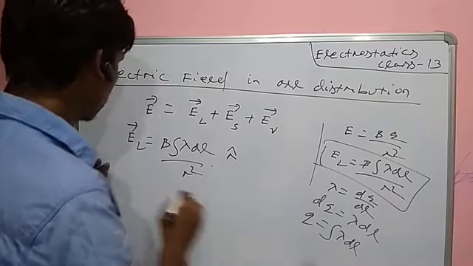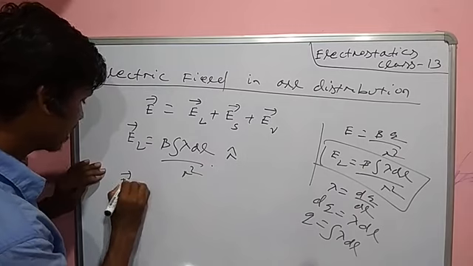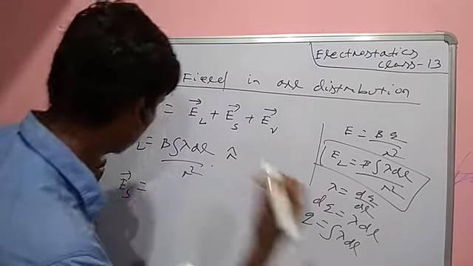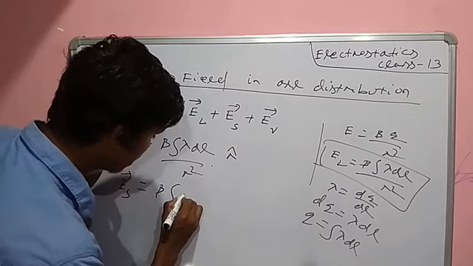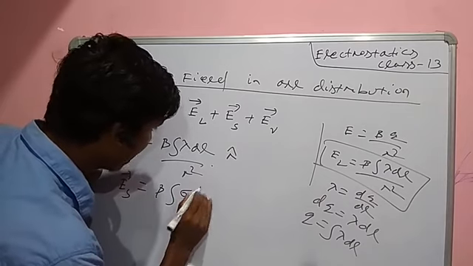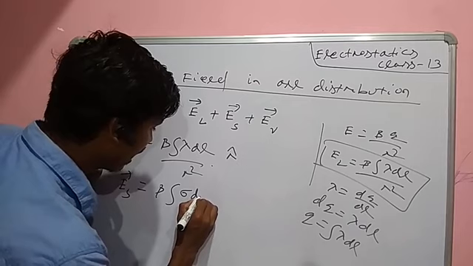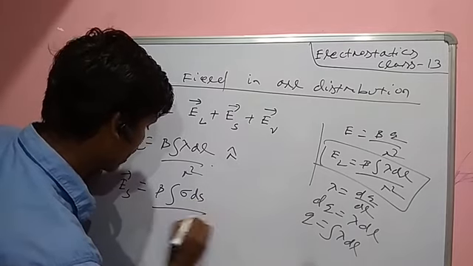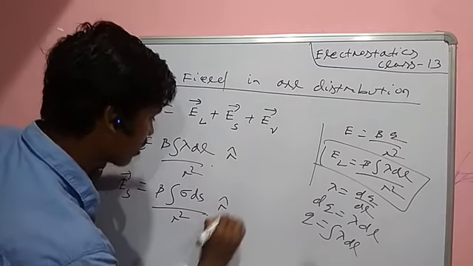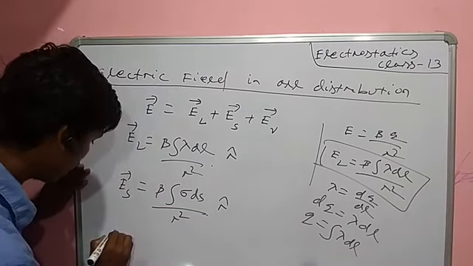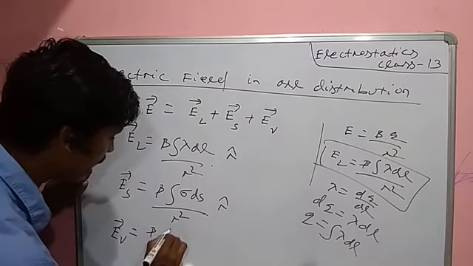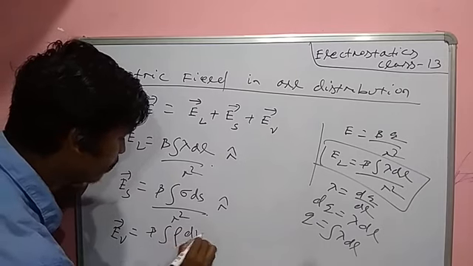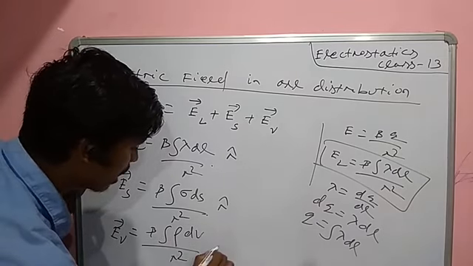Similarly, ES means surface charge distribution. That means k integration of sigma ds by r square, times the r unit vector. Similarly, EV for volumetric charge distribution is k integration of rho dv by r square, times the r unit vector.